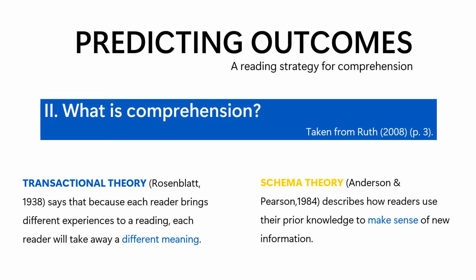For example, in the transactional theory, Rosenblatt says that because each reader brings different experience to a reading, each reader will take away a different meaning. Besides, the schema theory describes how readers use their prior knowledge to make sense of new information.